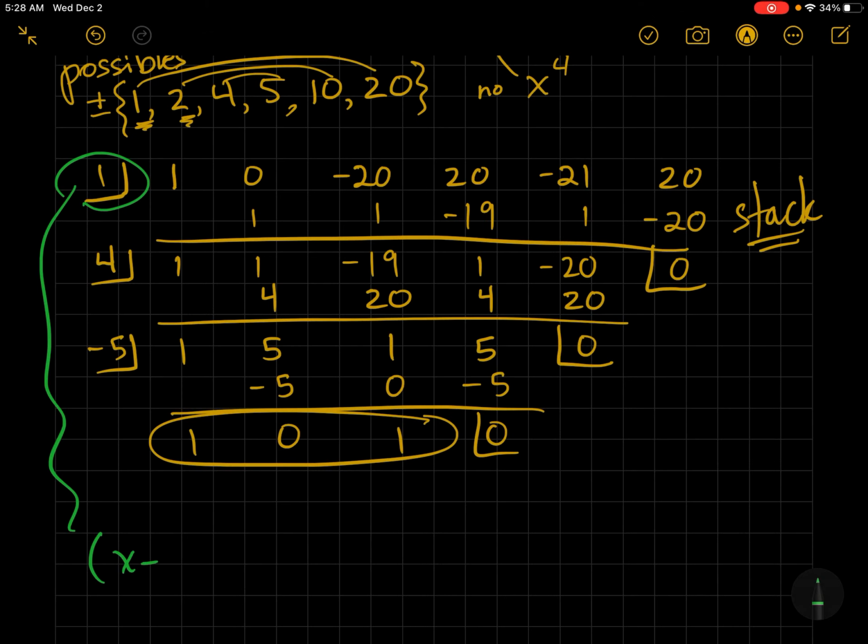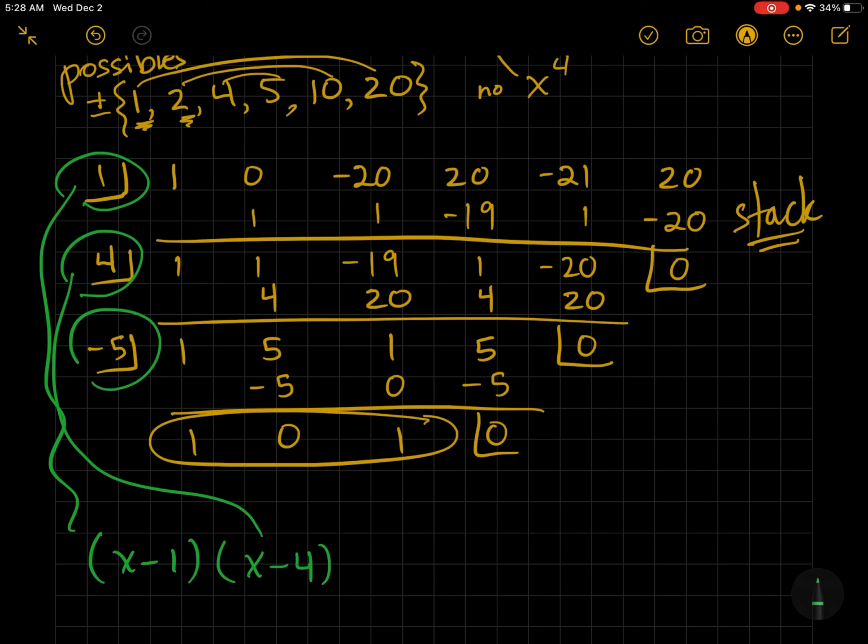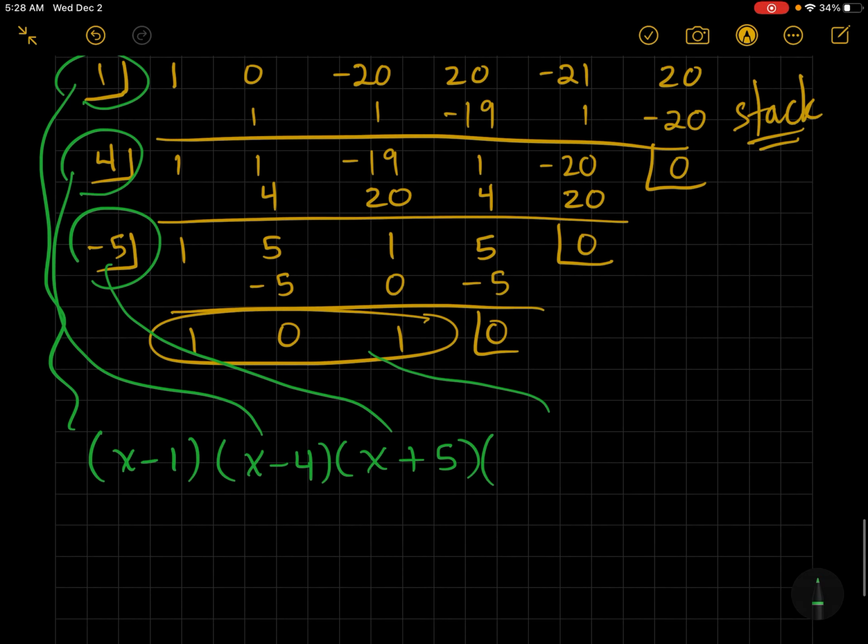I have a x minus 1. Remember opposite. I have a x minus 4. I have a x plus 5. And I also have this. And this is x squared, no x term, plus 1. And now we remember from the last lesson how to factor that.